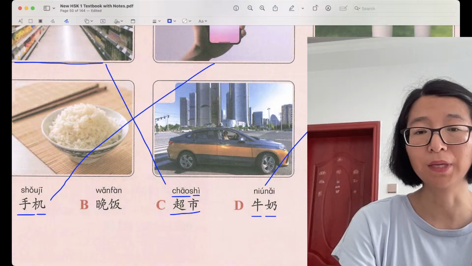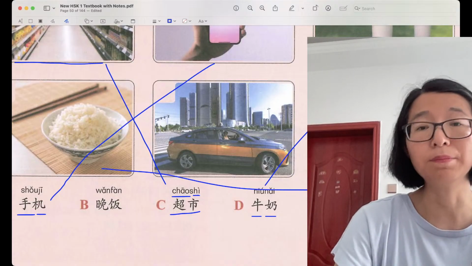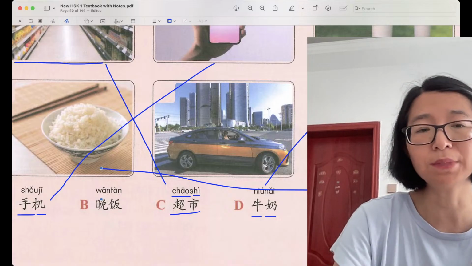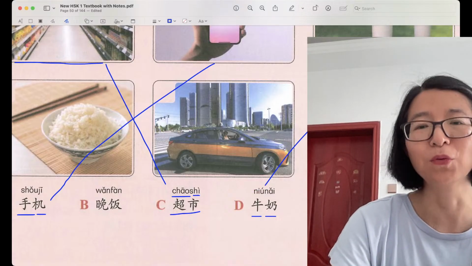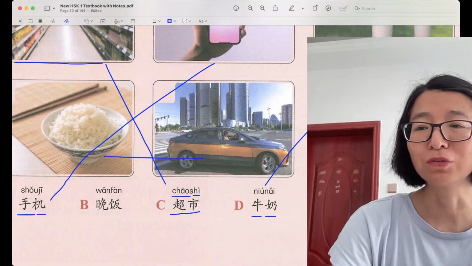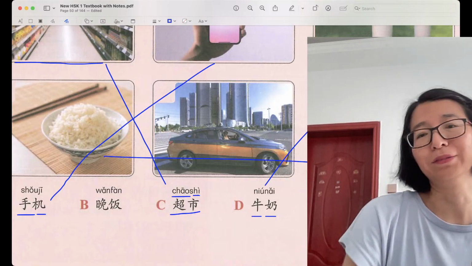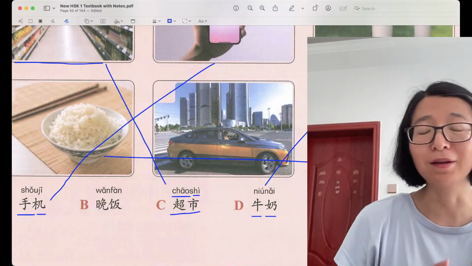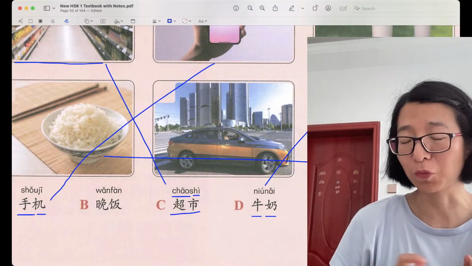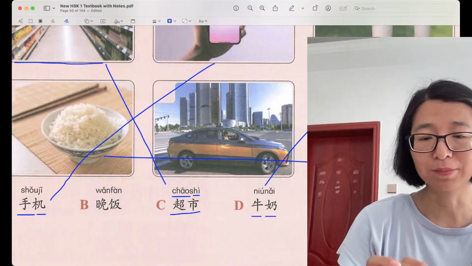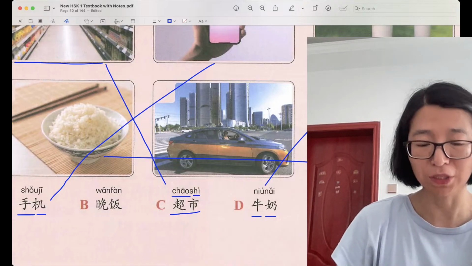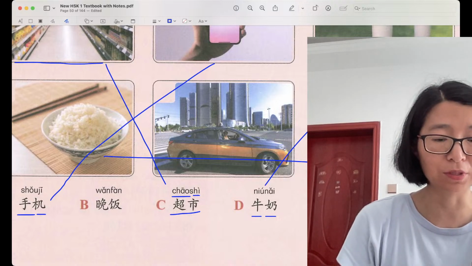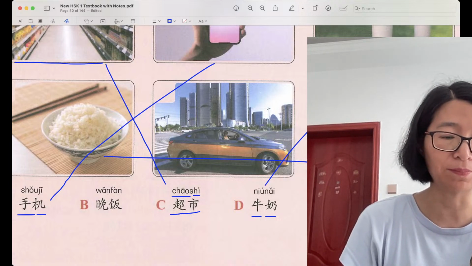If you say 吃米, we generally say raw rice. In some dialects people say 吃米 directly, but it will confuse people from other places. We generally just say 吃米饭, eat cooked rice. So 米饭.